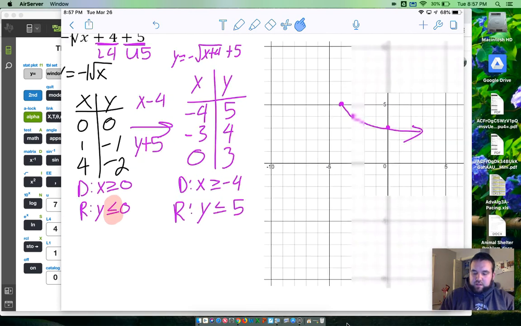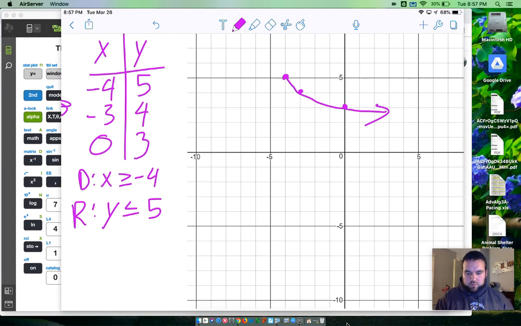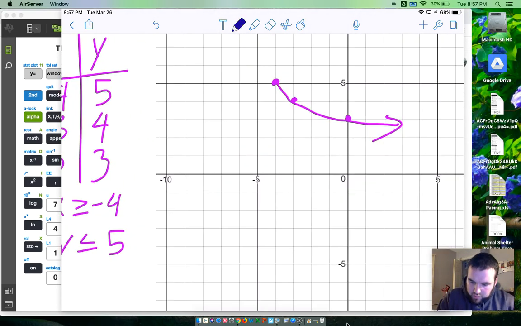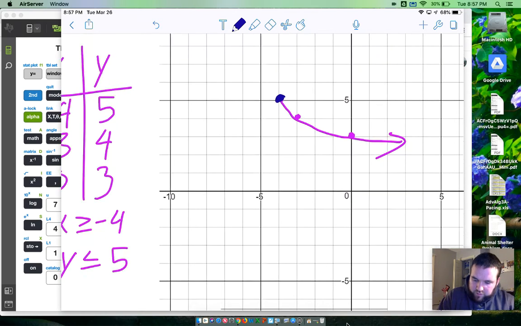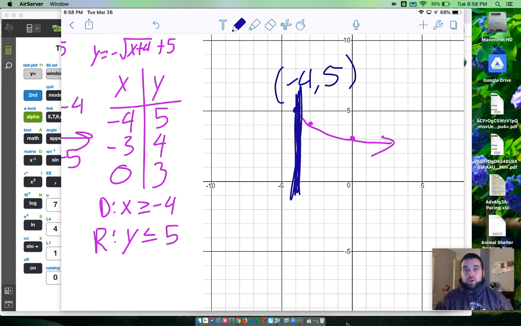And you can see, if domain and range is confusing to you, look at the graph. Where did this square root function start? Well, it started right here at the coordinate (-4, 5). From the x coordinate of -4, where did the graph go? It went to the right.